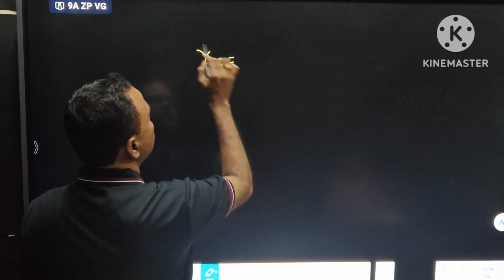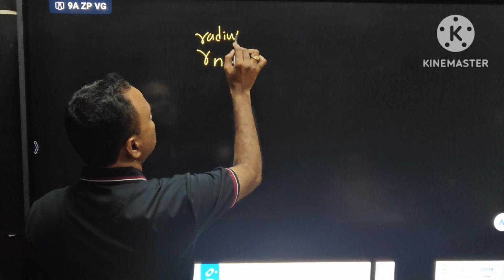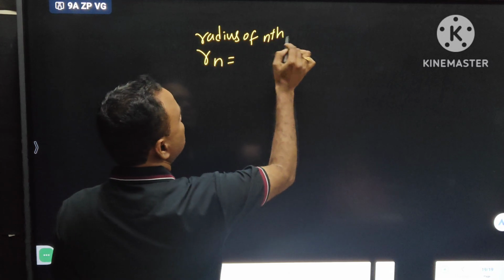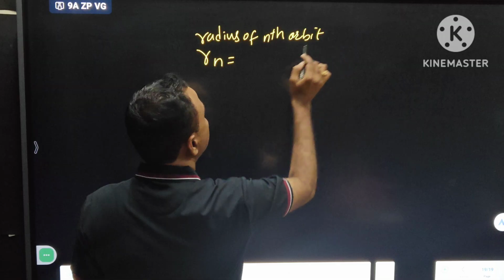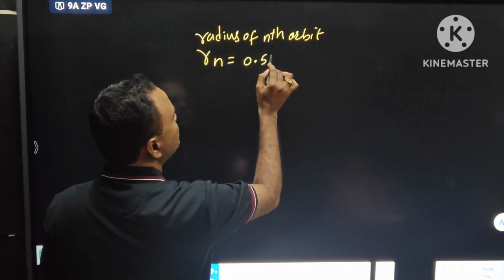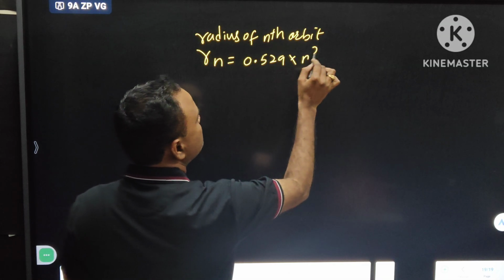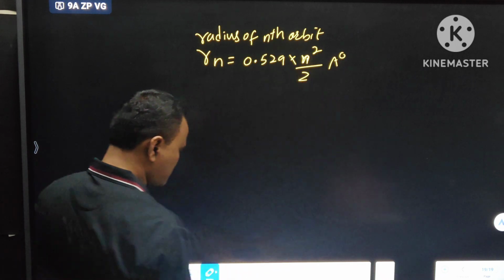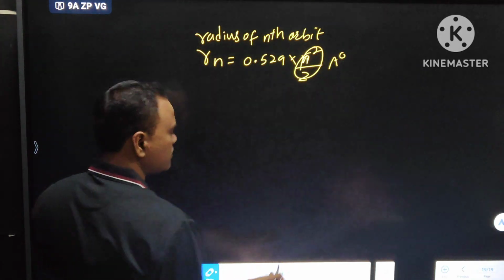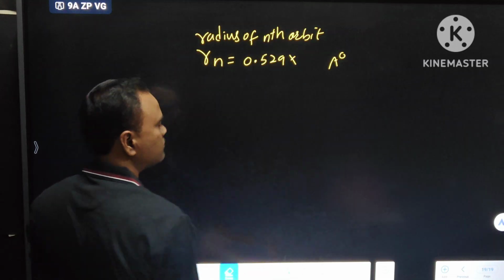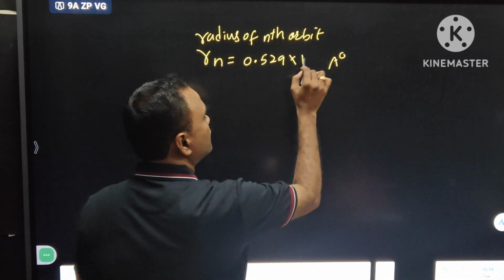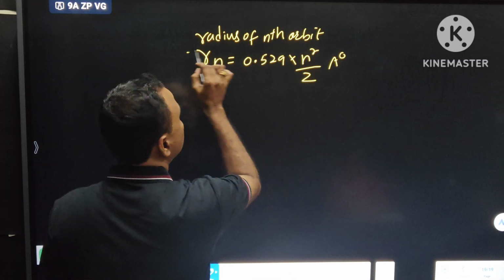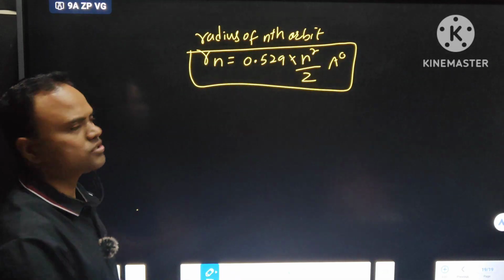Radius, Rn, radius of the nth orbit. Rn is equal to 0.529 into n square by Z angstroms. Where n is? Tell me. n is orbit number. n square by Z angstroms.